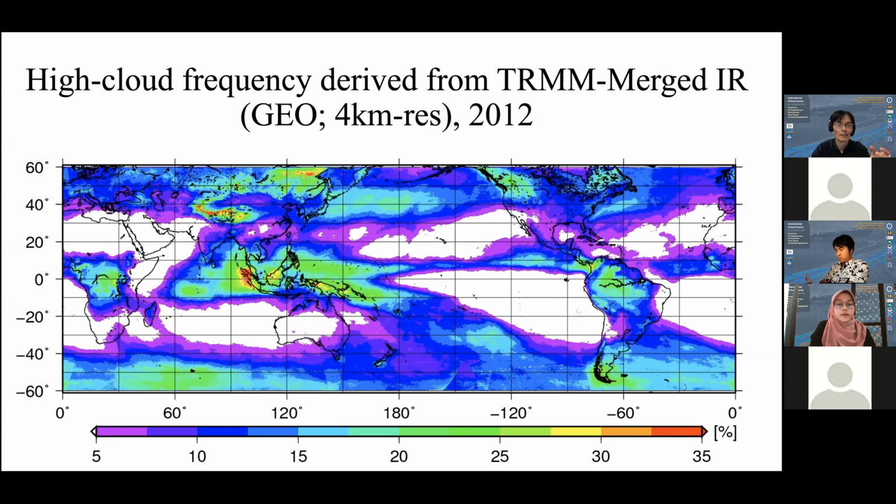And also you can see the ITCZ, the Intertropical Convergence Zone, like a belt.